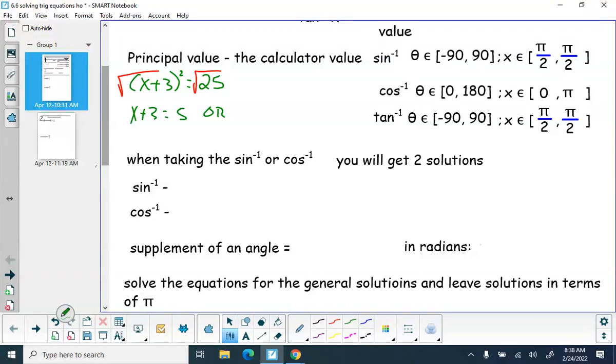Negative 5. We get two solutions. So x plus 3 could equal 5, or x plus 3 could equal negative 5. Now it's a process of subtracting 3 throughout. So we have x is equal to 2, or x is equal to negative 8.